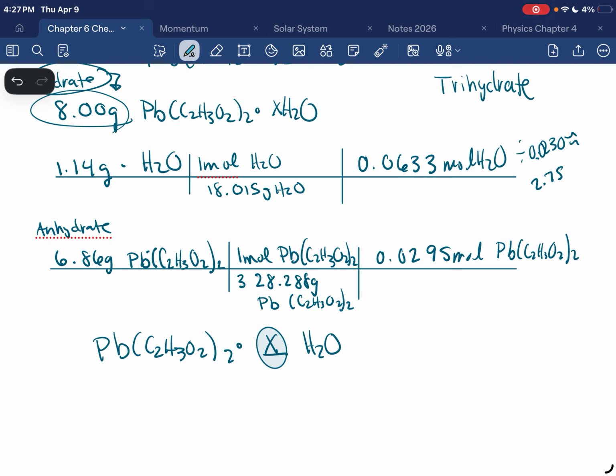And divide both of them by the smallest. So 0.0633 divided by 0.0295. 2. There we go.